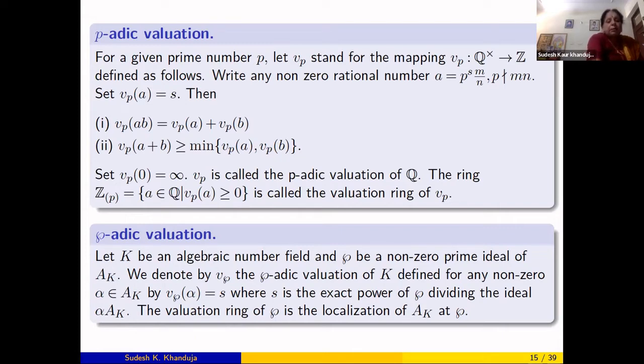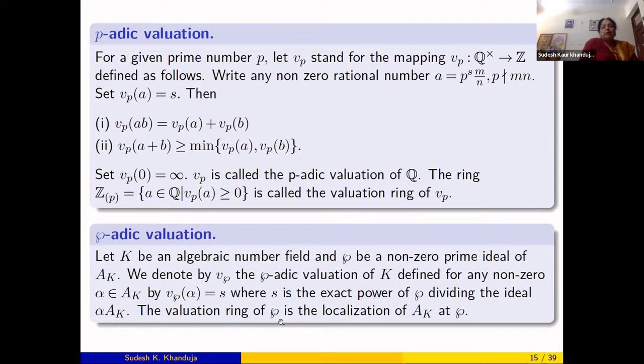So the exact power of curly P which occurs in the factorization of the ideal alpha AK is s, and V curly P of alpha is defined to be s.